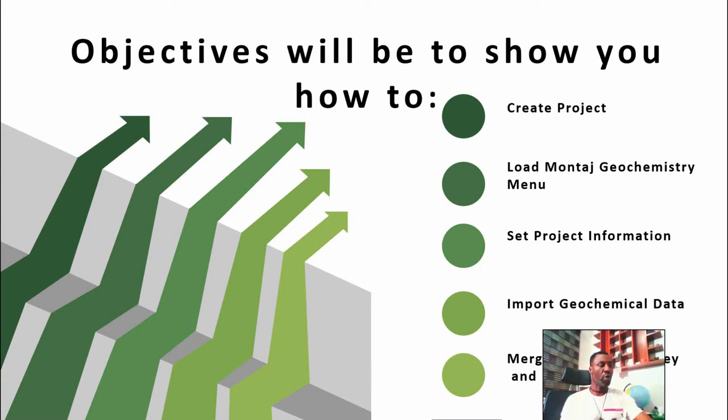As we go on, we're going to be dealing with a lot of other information, like extracting standards and displaying standard reports, extracting duplicates, displaying some of the duplicate reports, updating the master database, and so on and so forth. But we're going to make sure that we cover these five in this video.